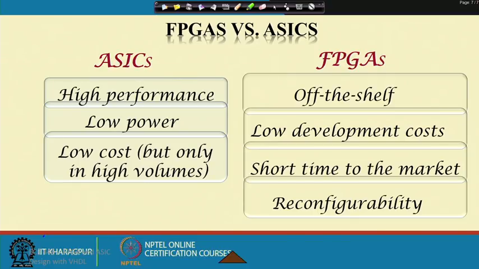That means you have the chance to reuse the same hardware for your design. It also has another advantage, shorter time to market. But here you are reducing the performance in comparison with ASIC.